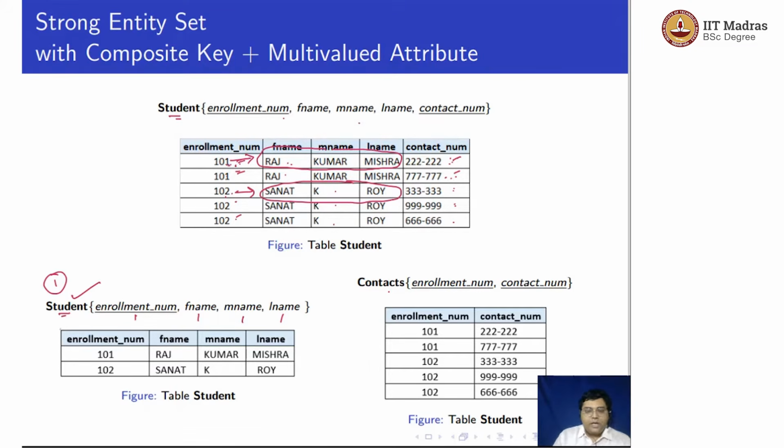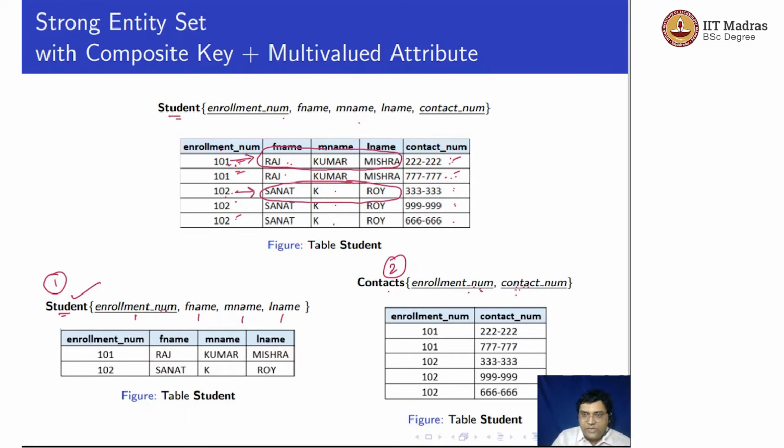relation, and the primary key of the actual relation, along with the multi-valued attribute, creates another relation. So this is the second relation. So we have a primary key which is a composite primary key.